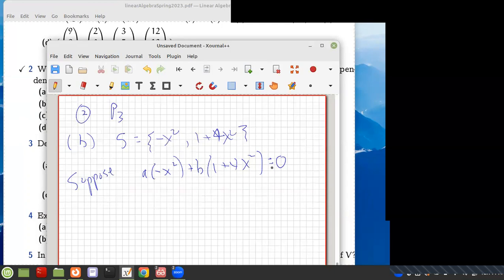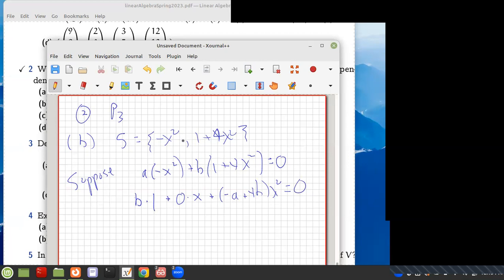That's a little hidden here. What we have to do is write this out in terms of powers of x. For example, we're going to have B times 1 plus 0 times x plus minus A plus 4B times x squared equals 0.